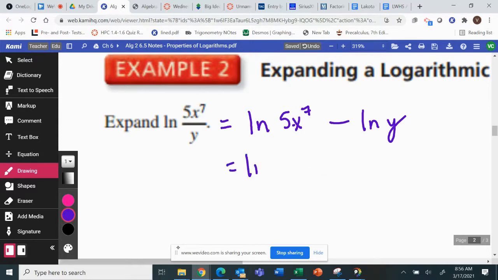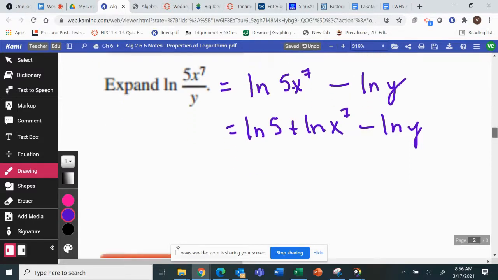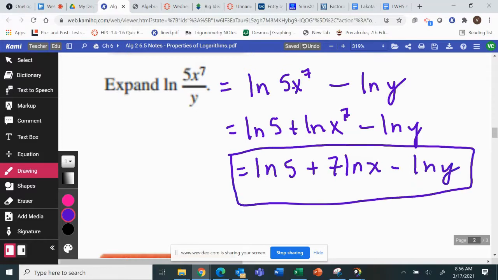So now I'm going to have ln 5 plus ln x to the 7th minus ln y. And then the last thing I need to do is take care of this exponent. So I'm going to do ln 5 plus 7 ln x minus ln y. So that would be expanded all the way.